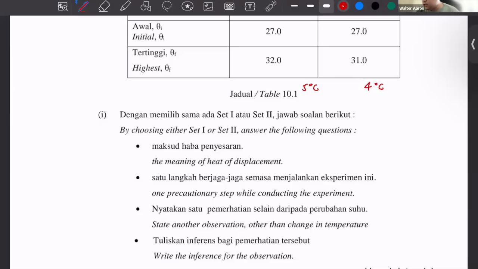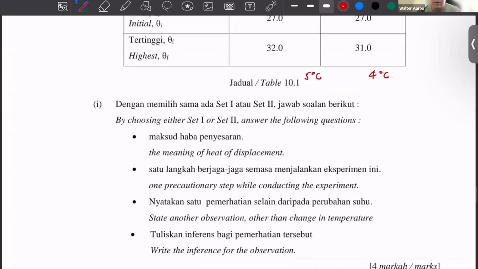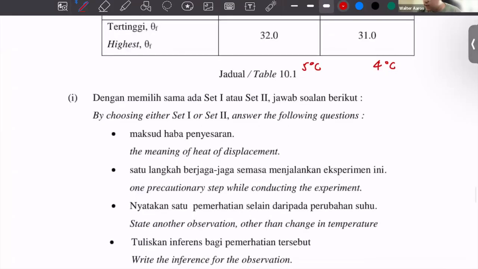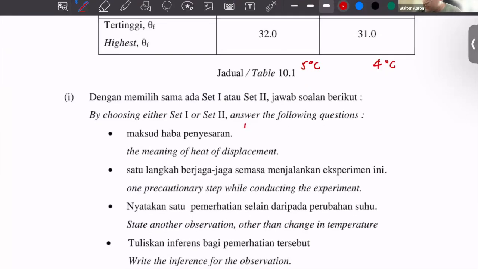So let's take a look at the definition of heat of displacement. I would say heat change, or heat release. So we'll try to write this very small.